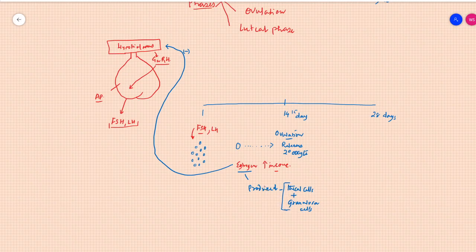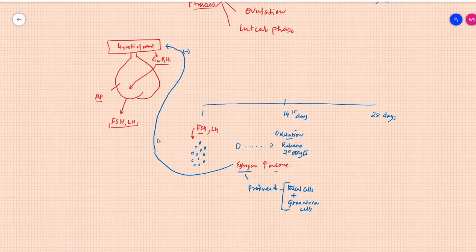So what's happening? This estrogen that is produced continues to increase as the follicle increases in size. Why? Because as the follicle increases, there are more thecal cells and more granulosa cells, so they can produce more estrogen. So as the follicles grow, the amount of estrogen continues to grow. Initially it is very low.